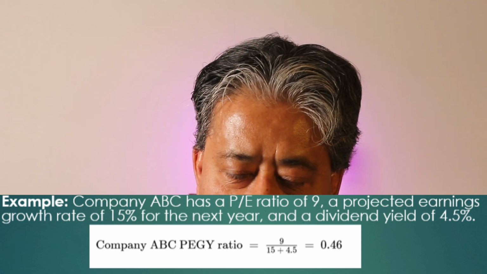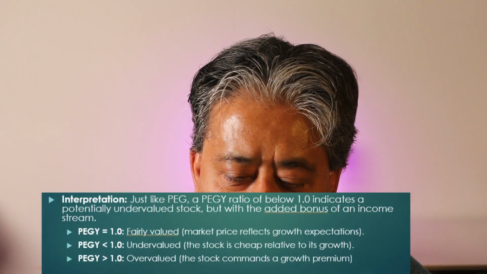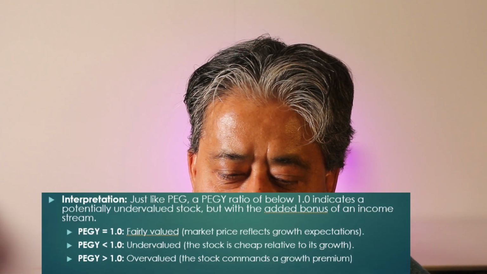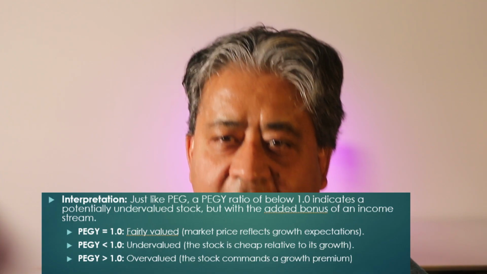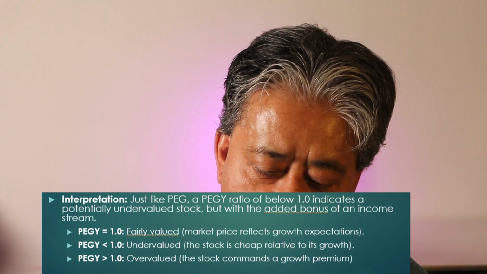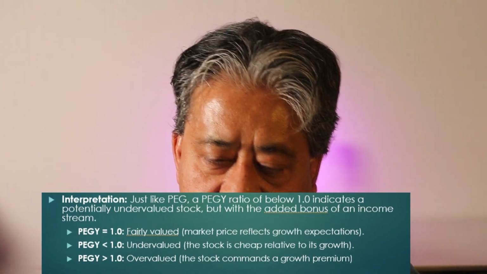The interpretation is similar to the PEG ratio; the same rule applies for PEG and PEGY ratios. If the PEGY is equal to 1.0, the company is fairly valued. If it's less than 1, the company is undervalued, and if it's higher than 1, it's overvalued.